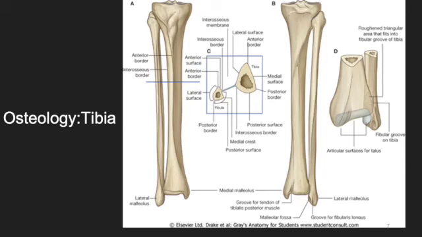Looking at the osteology here, we have a lot happening on this slide. Take this slide a little bit at a time. Move from left to right. On the left-hand side of the screen, we see the anterior aspect of the lower leg. Moving towards the middle, that's a cross section.